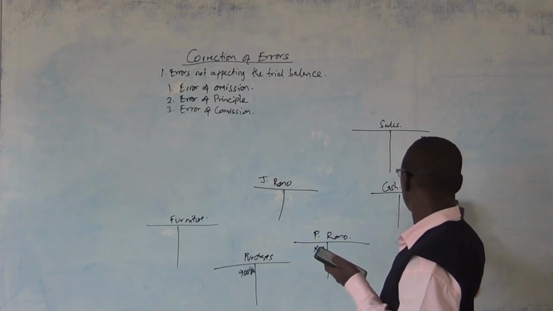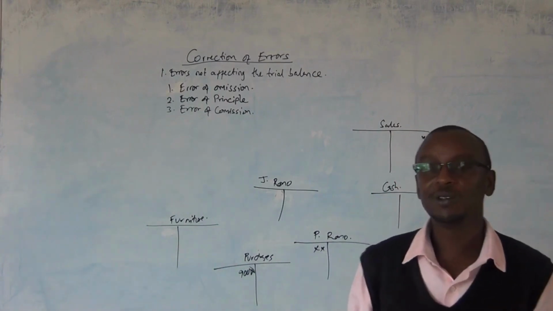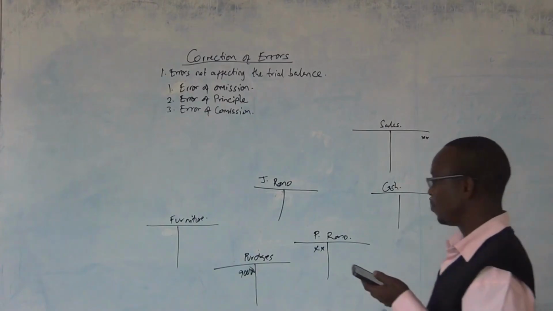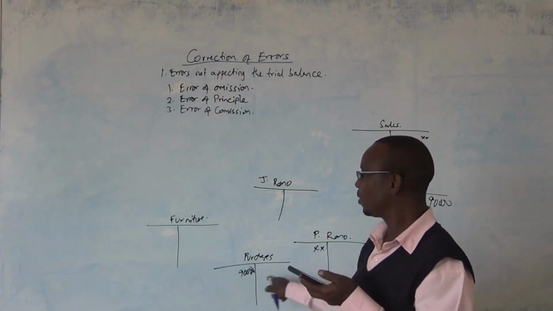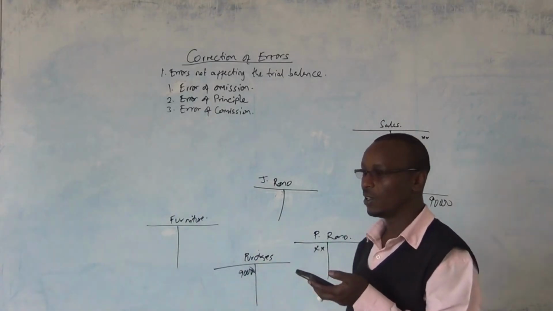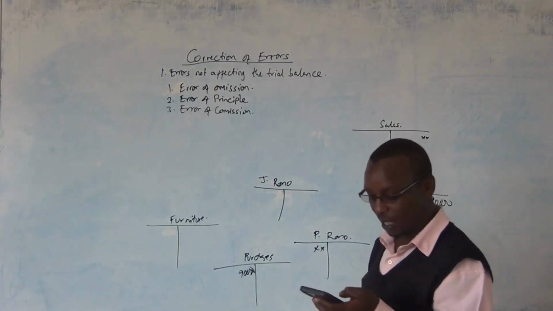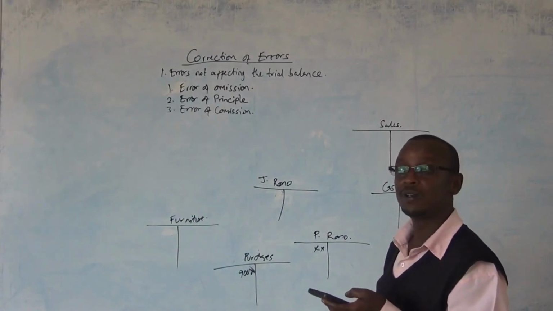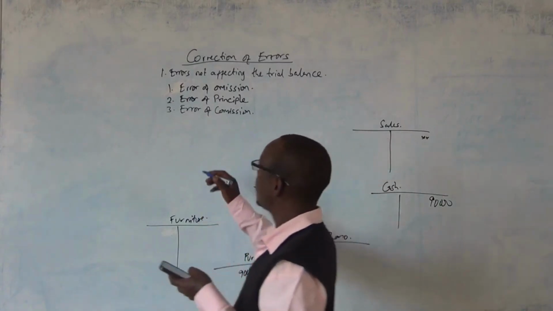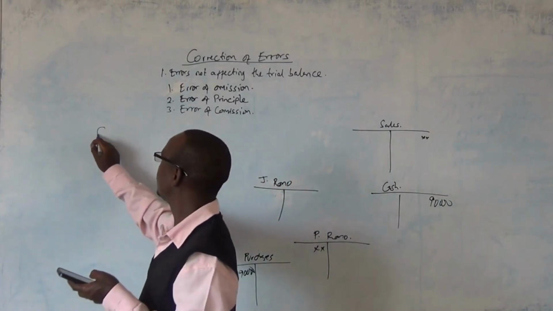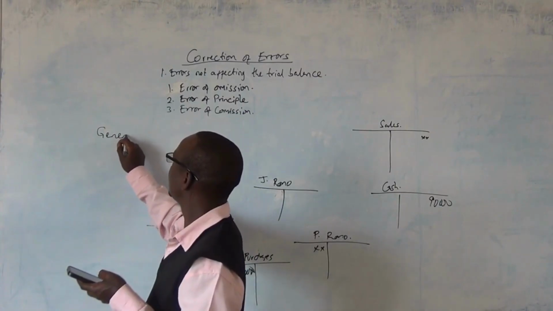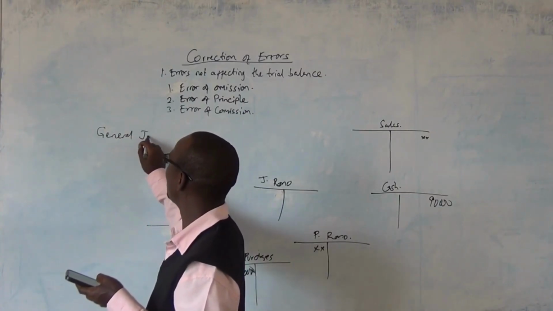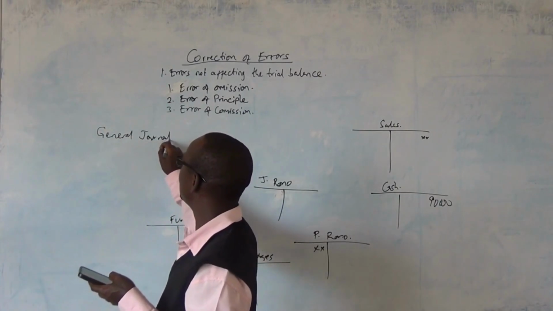Now, we want to correct this amount. We want to remove it here and put it here. So when we are correcting the errors, we open a book called the General Journal. We talked about journals.